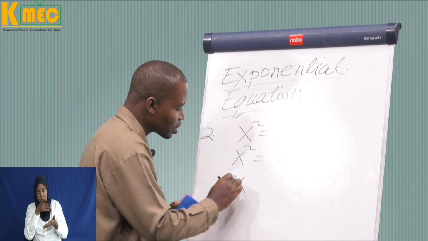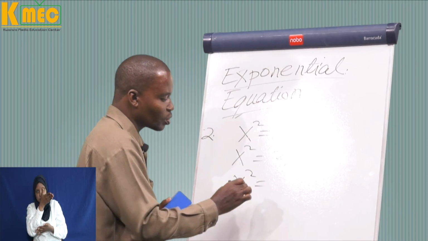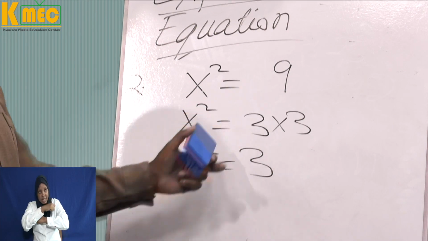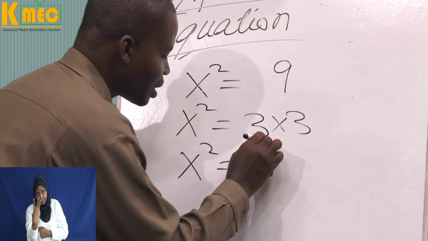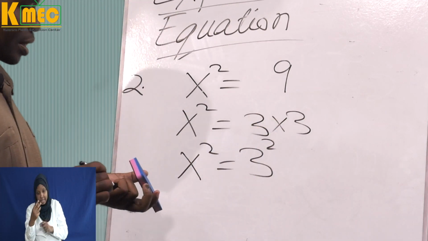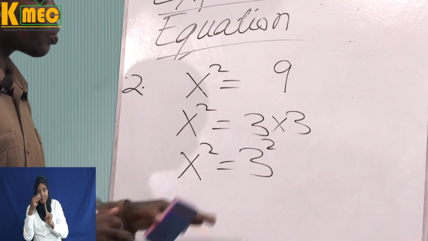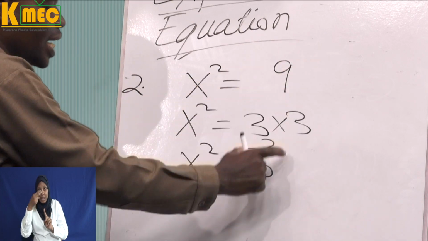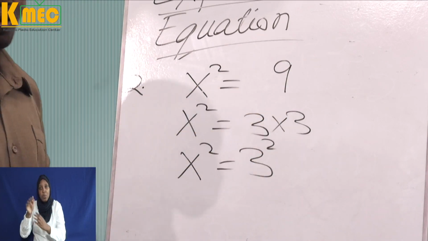Therefore, x squared should be equal to 3 squared. So 3 squared is equal to 9. So we write 9 here in exponential form.